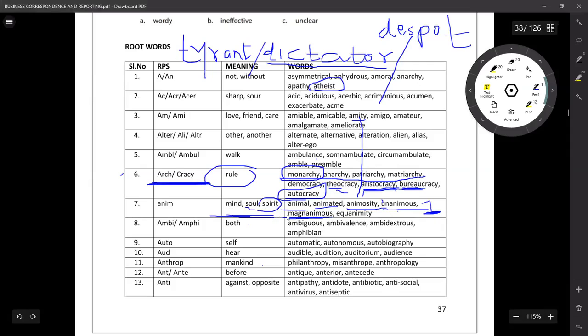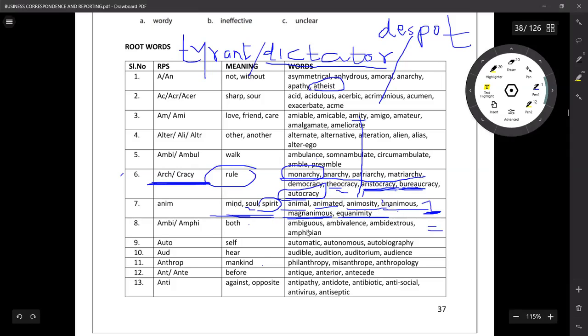You have a large heart. You have a big spirit. You're very spirited. You're very generous. You're very magnanimous. Equanimity. Equal. Anim, mind. Your mind is very equal. Means your mind is very stable. You don't lose your cool easily. You're very calm. You're very composed. You're very stable. So remember, uni one, magna big, equal.